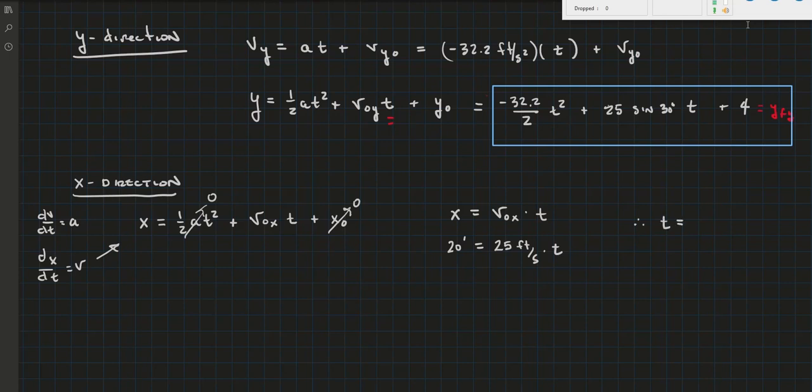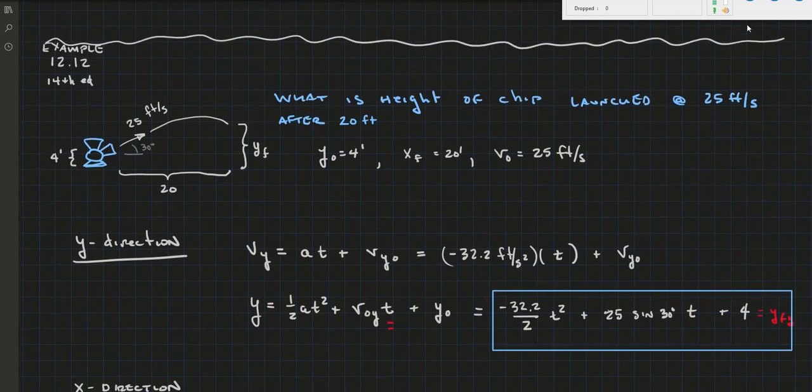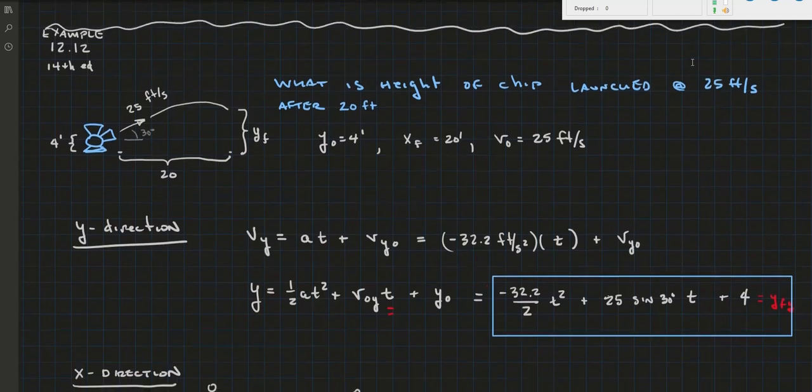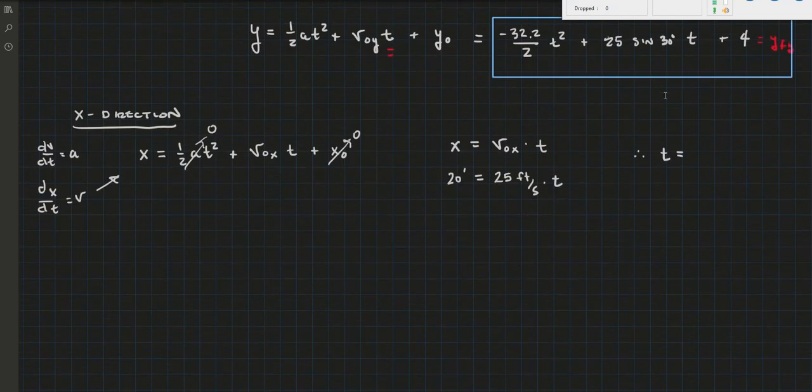Therefore, the time it takes to get that 20 feet, so the time it takes for us to go from here to here, is less than a second. So it's 0.9238 seconds.